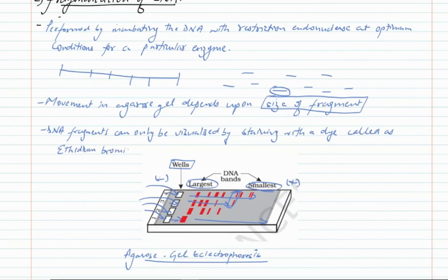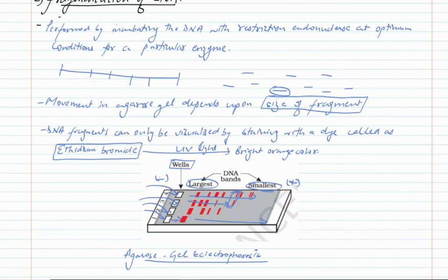So we will stain the fragments with ethidium bromide, and when UV light is shone upon the fragments, they will give a bright orange color in the ethidium bromide stained gel.